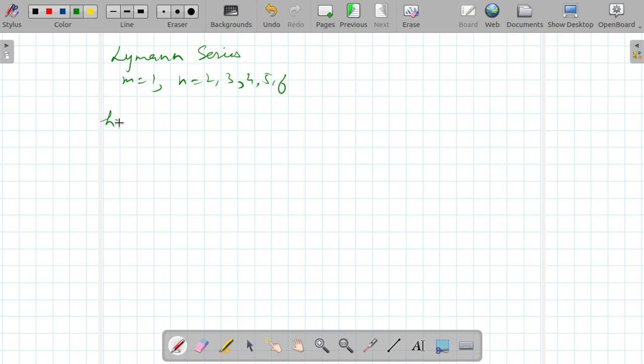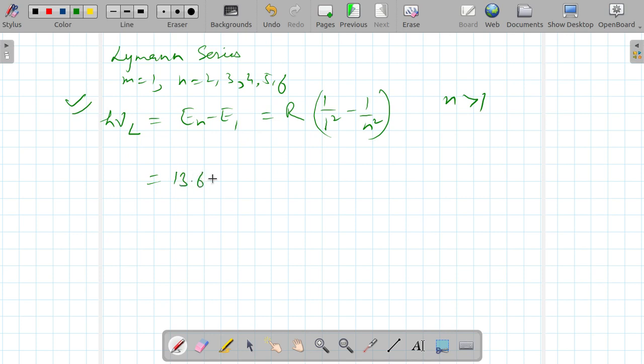So the energy corresponding to this is represented as h nu L, where L represents the Lyman series, so E_n minus E_1. Right, so it is R into 1 over 1 square minus 1 over n square, and here n is greater than 1. So this equation represents the Lyman series, and this is 13.6 into 1 minus 1 by n square.